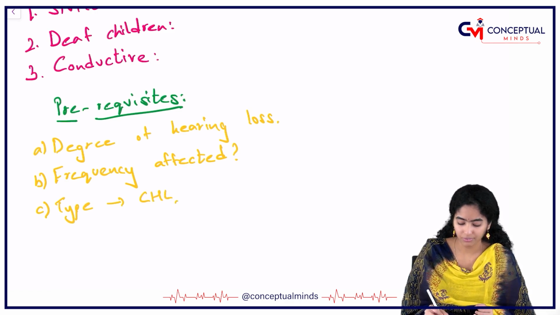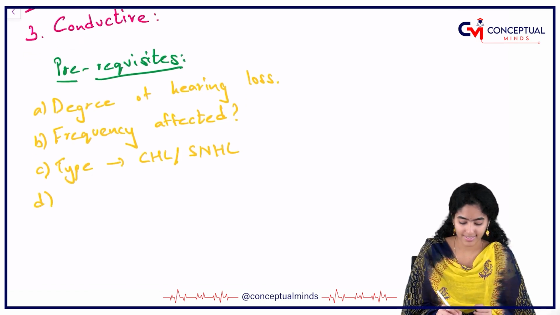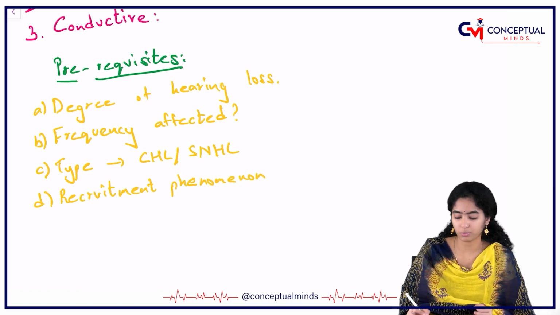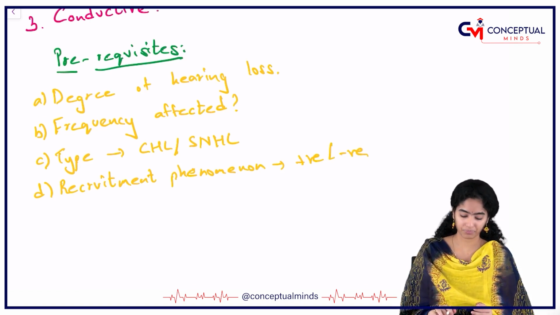Either it is conductive or sensory neural type of hearing loss. We should find out that also. And if it is sensory neural type of hearing loss, I told you recruitment phenomenon is important. Is that present or not? Because patients with recruitment phenomenon are poor candidates. No recruitment is good.